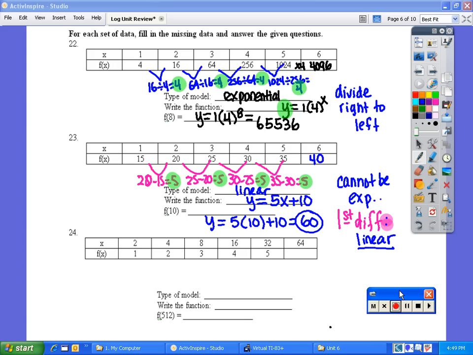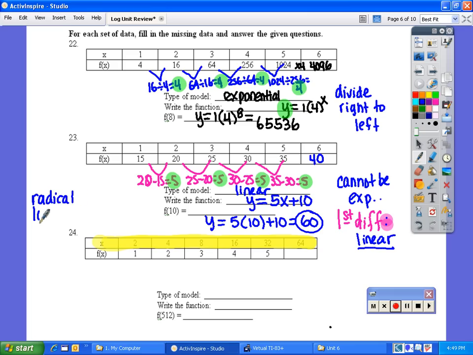Alright, the next one, I want you to pay close attention, because it's the top that's growing. Since the top is growing, most likely this is going to be an inverse function. There are a few inverse functions. One inverse function is a radical. Another inverse function is a log.